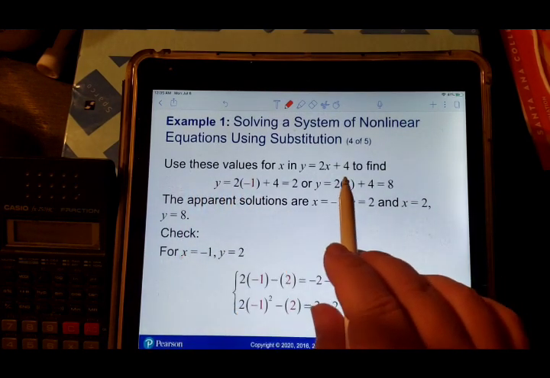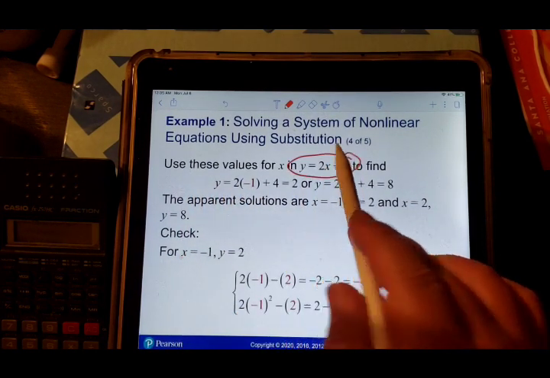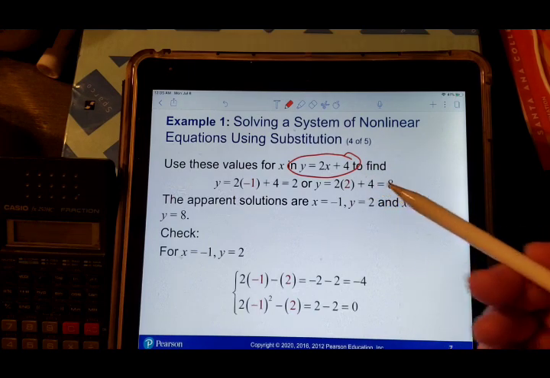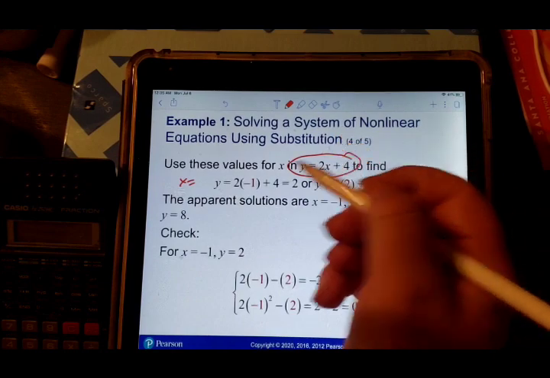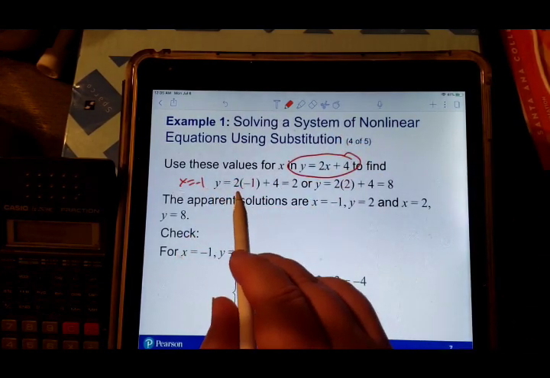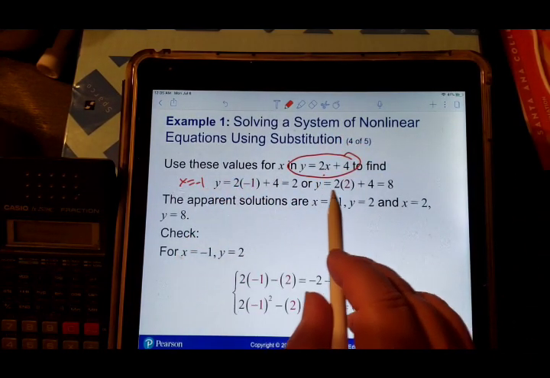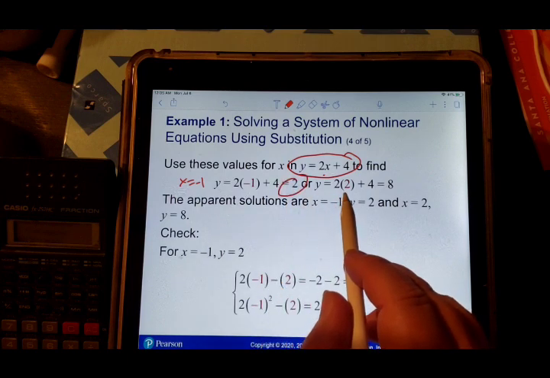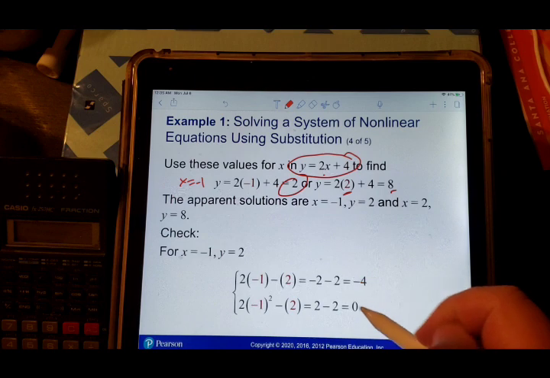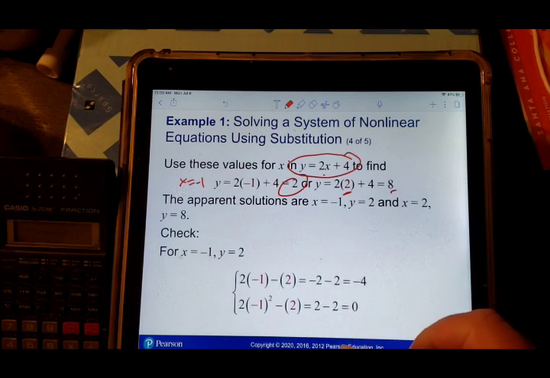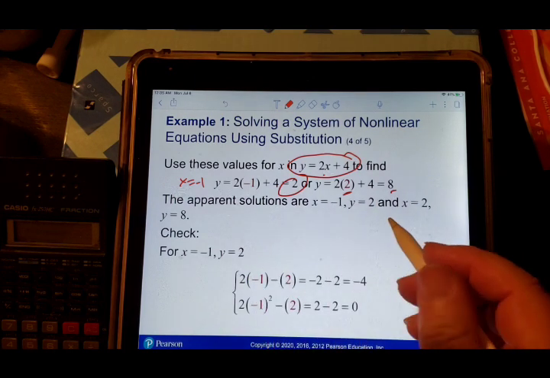We use the x values and substitute them into either equation, but they're choosing to put it into this equation. So remember, one of the x values was x equals -1. So we replace x with -1. The other one was x equals 2. We will do that. And so what we've done is we've found the y value for each x value.